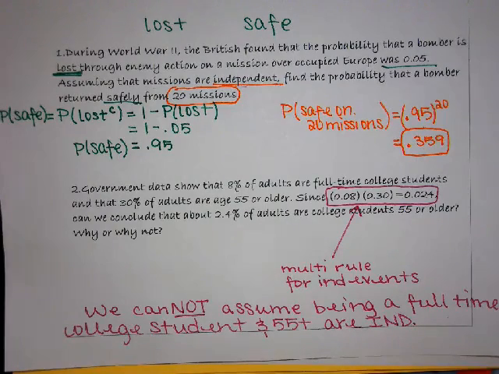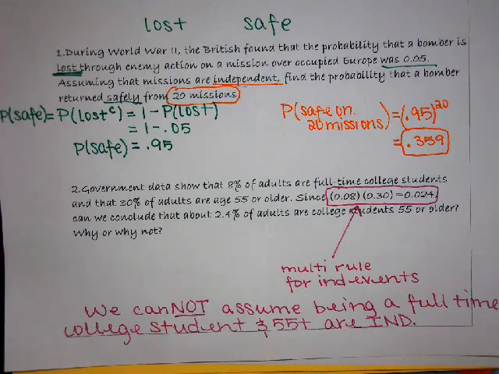So be careful of questions where it's just assumed. Like I said, the problems will say, assume that the missions are independent, assume that the pitcher's performances are independent. In statistics, eventually we'll learn a certain sample size that makes it big enough that independence actually doesn't matter.